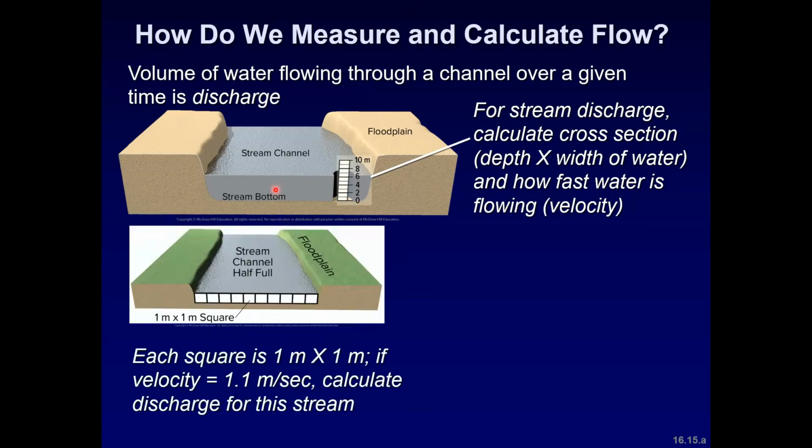That's the velocity. Each of these squares is representing 1 meter by 1 meter. If velocity is 1.1 meters per second, you can use that information to calculate the discharge for this stream. And the answer would be 11 cubic meters per second.